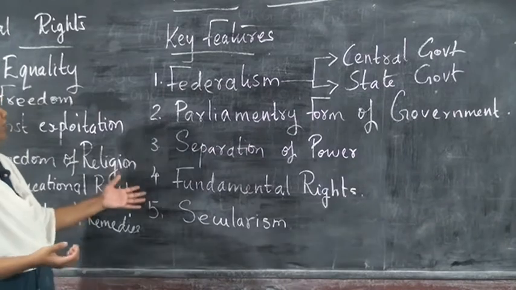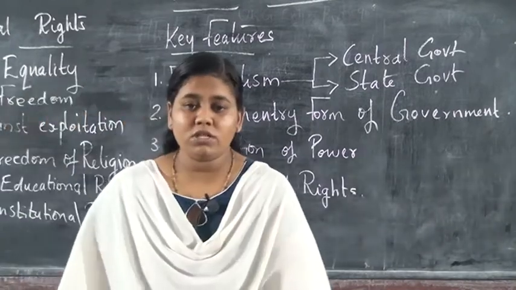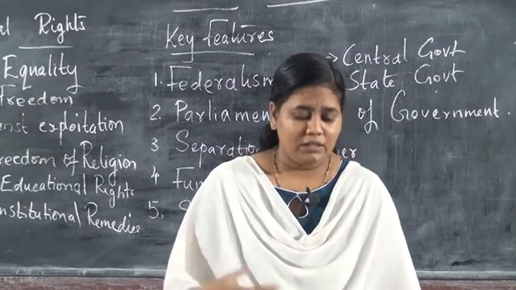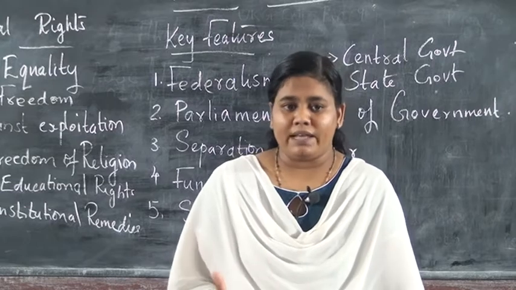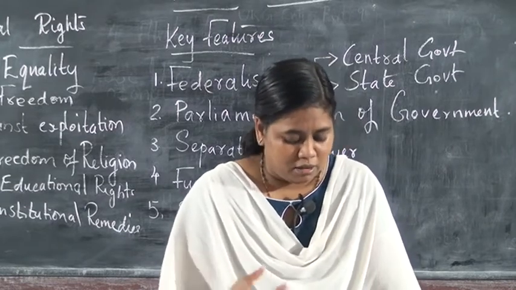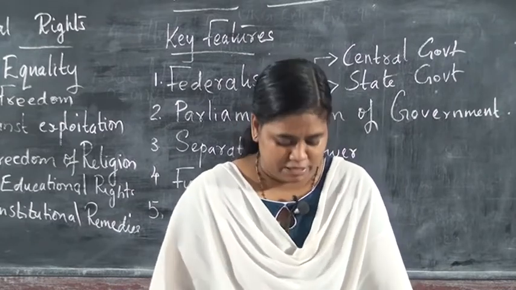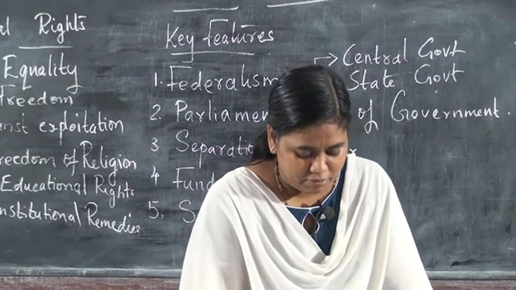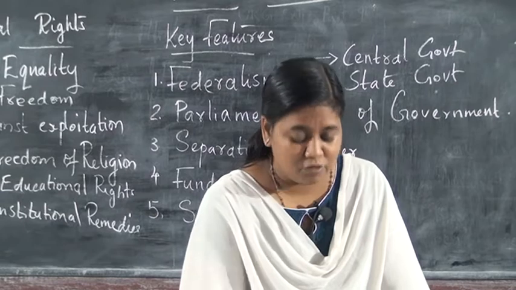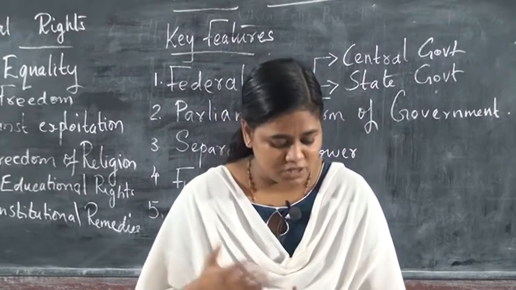The fourth one was the fundamental rights. The constitution guarantees 6 fundamental rights. Why did the Constituent Assembly give fundamental rights to the citizens? Dr. B.R. Ambedkar, a member of the Constituent Assembly, said these fundamental rights have 2 objectives.